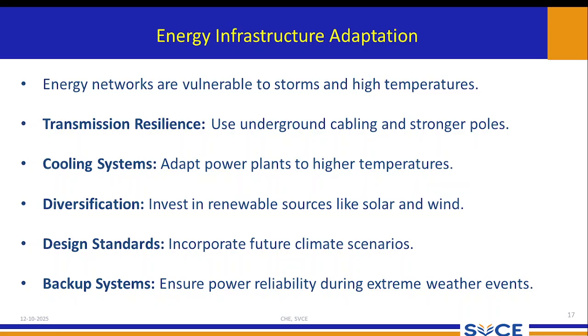As I told you, rather than fossil fuel, try to go for solar energy, hydropower or wind energy to produce electricity. We should not depend on only one source. Design standards incorporate future climate scenarios, and backup systems ensure power reliability during extreme weather events. So these are the energy infrastructure adaptations.